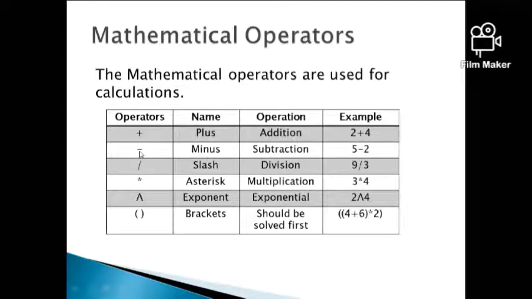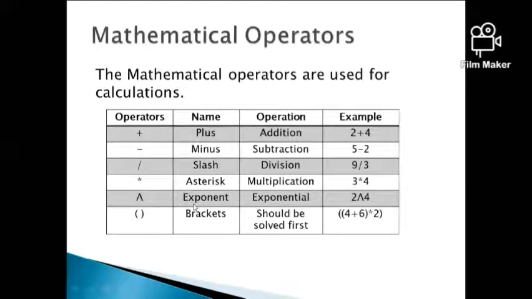This is the symbol of minus. The name of this symbol is minus and the operation is subtraction. 5 minus 2. This symbol is known as slash and the operation is division. 9 divided by 3. This star-like figure is known as asterisk. Operation is multiplication. Example is 2 into 4.